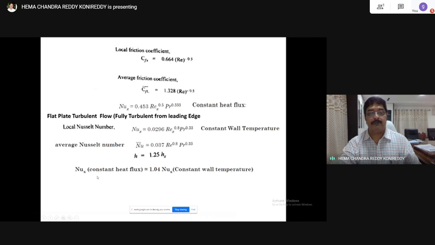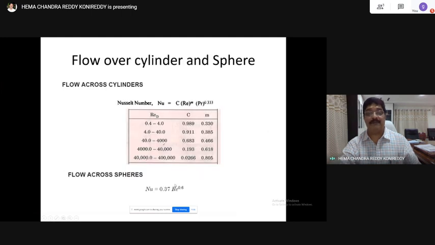So in a turbulent flow for a constant heat flux condition, the Nusselt number is 1.04 times the Nusselt number of a constant wall temperature, meaning this equation multiplied by 1.04.